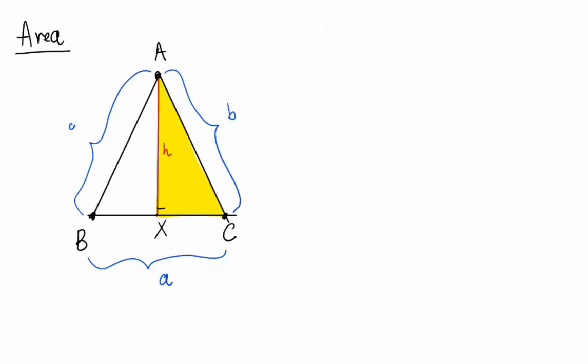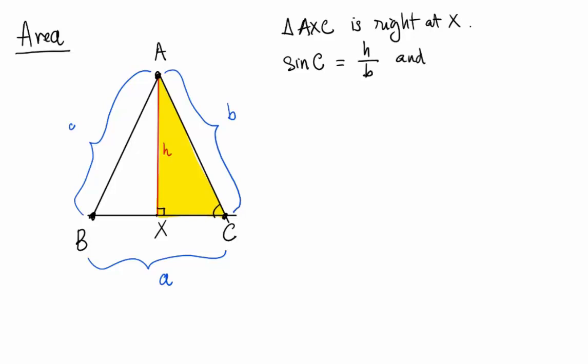As you can see, by construction, the triangle AXC is right at X. So we know that sine of angle C will be opposite over hypotenuse, so it will be h over b. And solving for h, we get that h is b sine of C.